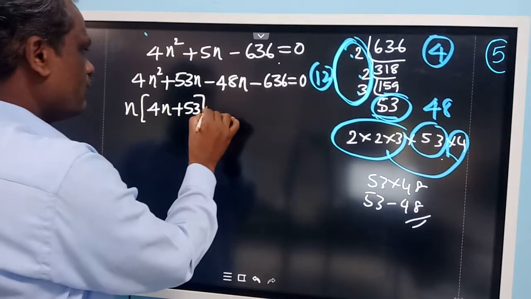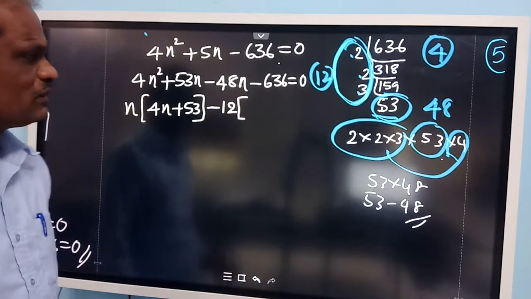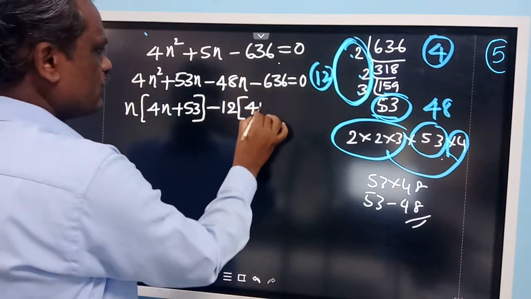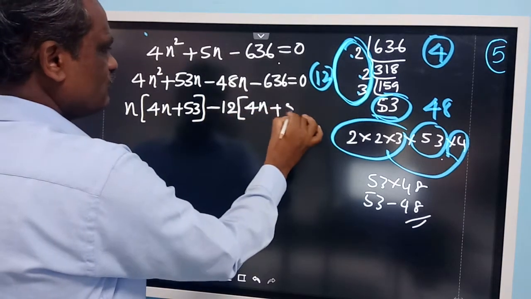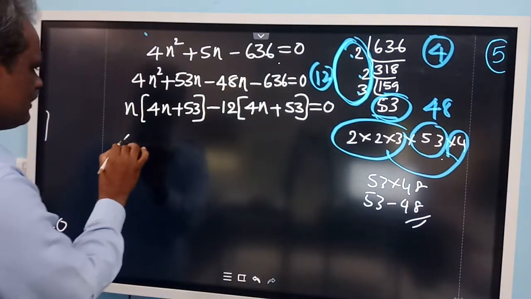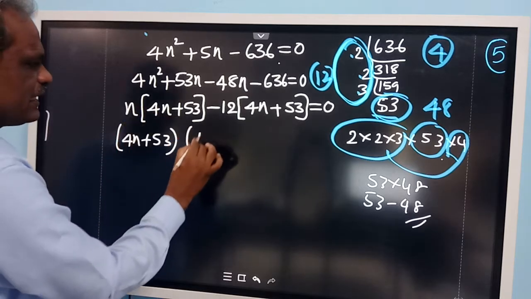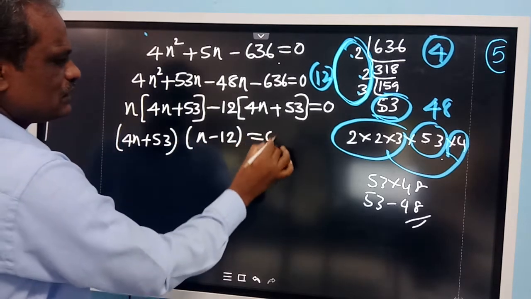Now here, minus 12 you take common. You take minus 12 common, 12 4s are 48, so 4n, then it becomes plus 53 is equal to 0. Now 4n plus 53 you can take as common, and then what remains there, n minus 12 is equal to 0.